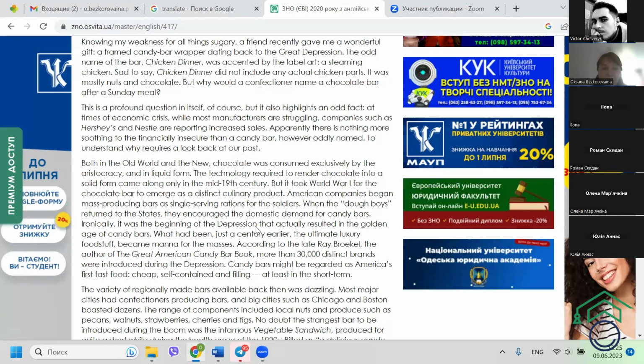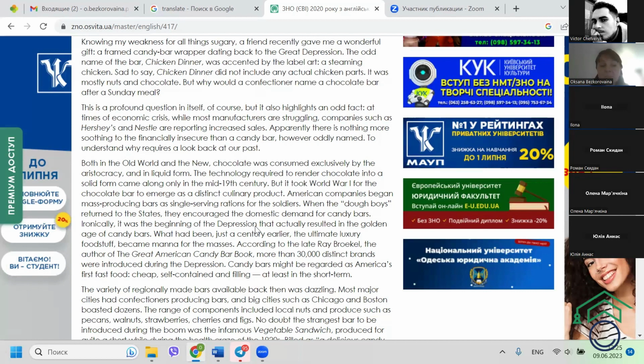But it took World War the first for the chocolate bar to emerge as a distinct culinary product. American companies began mass producing bars and single serving cartons.